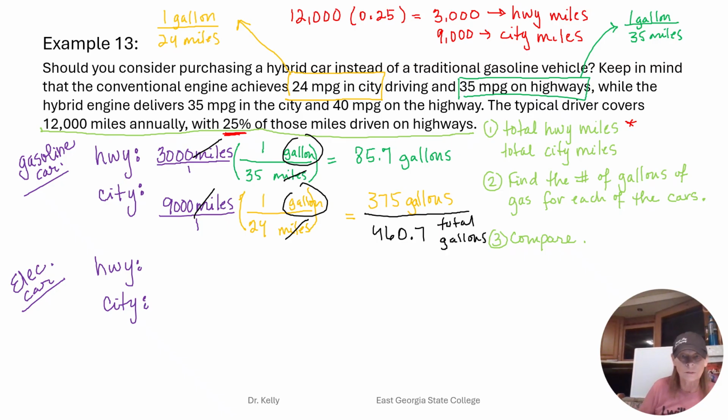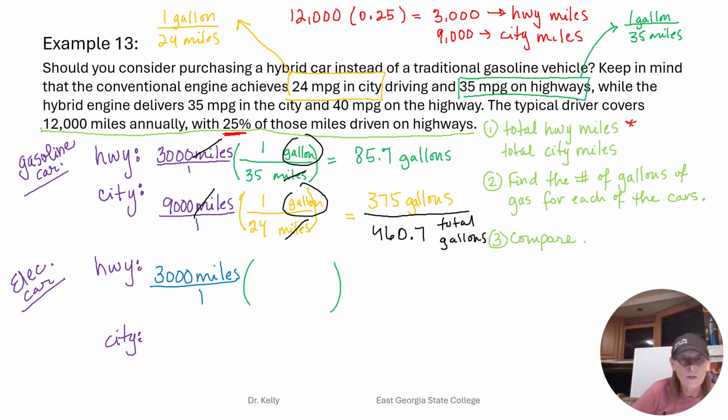Right, and then let's do this other piece for the highway. Hold on, let me help myself out and make a little bit more room here. Highway and city. Okay, for the highway, we're going to start out again with the 3,000 miles over 1. We're going to do the exact same thing, but we're going to be using the numbers for the hybrid cars.